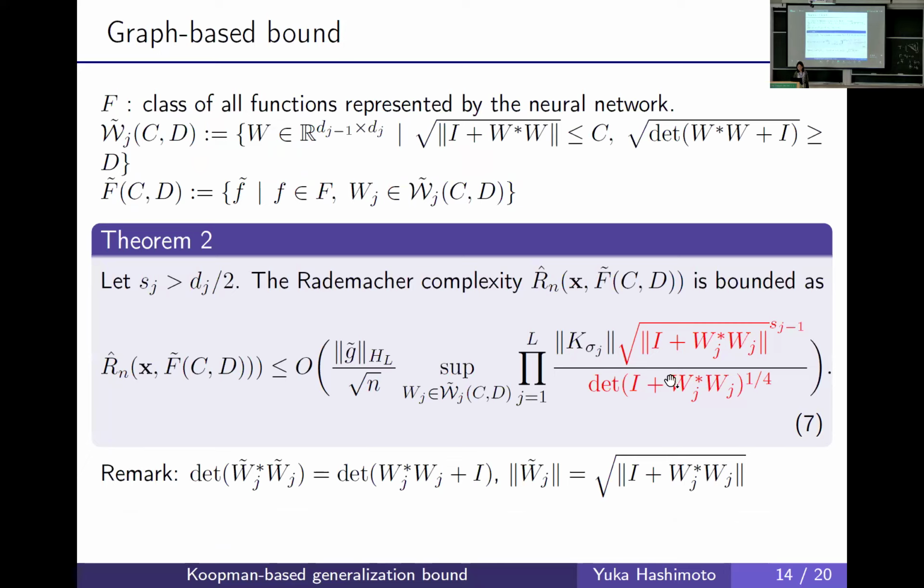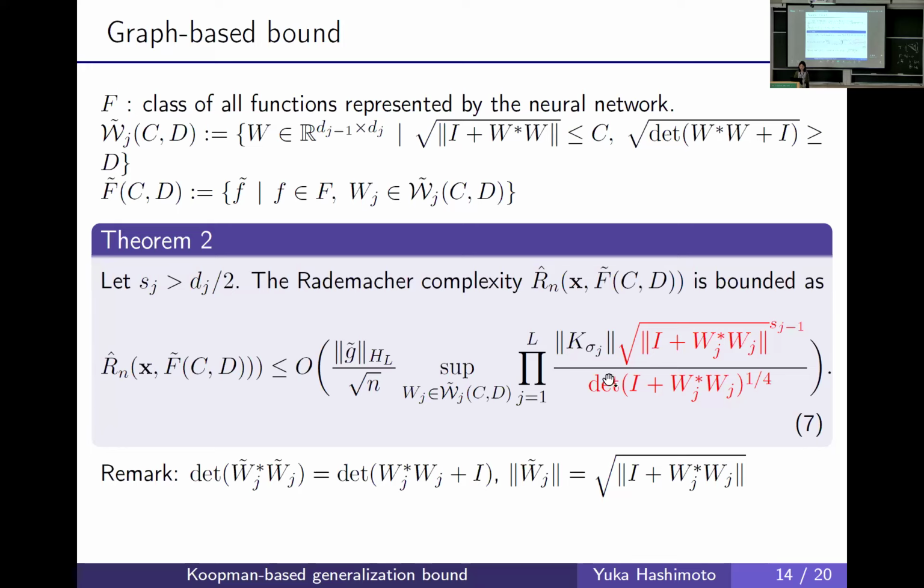Here, instead of the determinant of Wj, we have the determinant of the sum of the identity matrix and Wj star Wj. So we can also apply this bound to non-injective weight matrices.